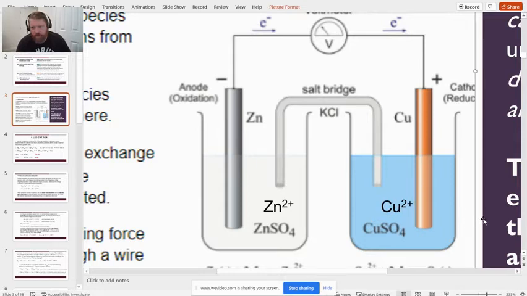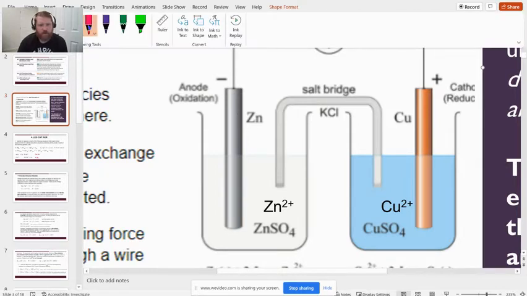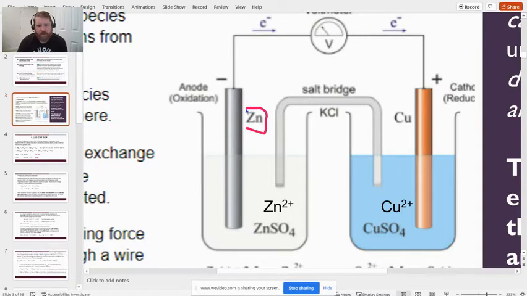However, based upon some things we're going to get into in a little bit, the copper ions are stronger. And so those electrons get yanked off of this zinc atom right here, yanked off of the zinc, and when zinc loses electrons, those electrons travel up the wire.